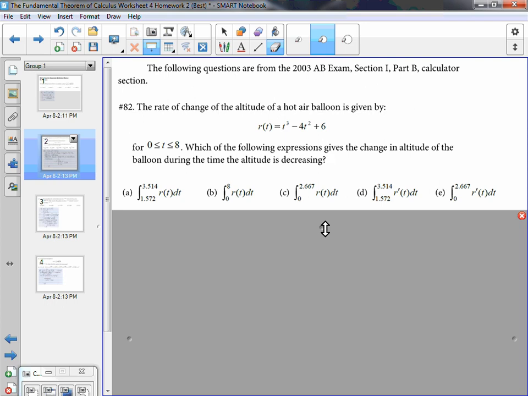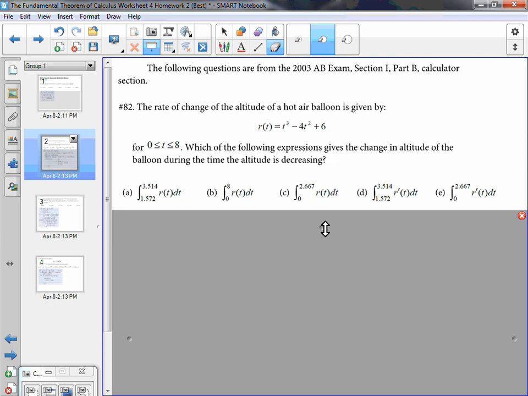So it's a multiple choice calculator section. The rate of change of the altitude of a hot air balloon is given by R of T equals T cubed minus 4T squared plus 6. For the interval from 0 to 8, which of the following expressions gives the change in altitude of the balloon during the time the altitude is decreasing?